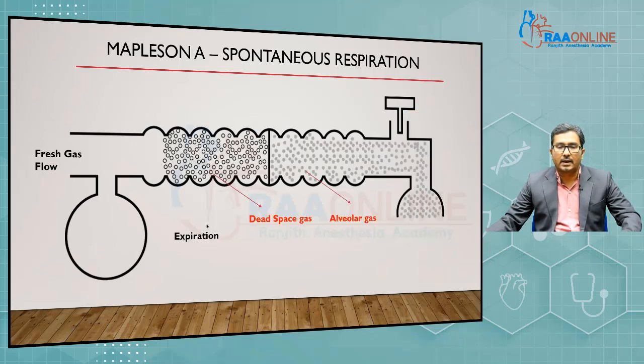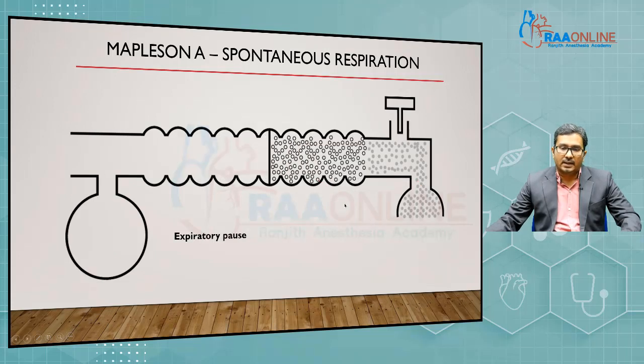So what happens in the expiratory phase? Since expiration is passive, there will be expiration of gases from the lung. The lung contains dead space gas, which is carbon dioxide free gas, as well as alveolar gas, which is carbon dioxide rich. Simultaneously, there is inflow of fresh gas into the circuit from the machine end, while the patient is exhaling the alveolar gas at the patient end. So what happens when there is an expiratory pause?